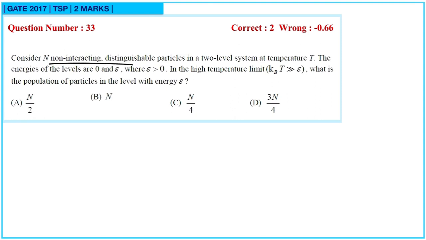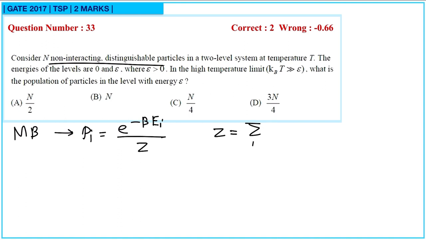So these are non-interacting and distinguishable particles, so this is Maxwell-Boltzmann distribution. And for this, Pi is equal to e raised to minus beta Ei upon Z, where Z is the partition function, which is equal to summation over i of e raised to minus beta Ei. Now, energy is 0, so first term is 1, then e raised to minus beta E.